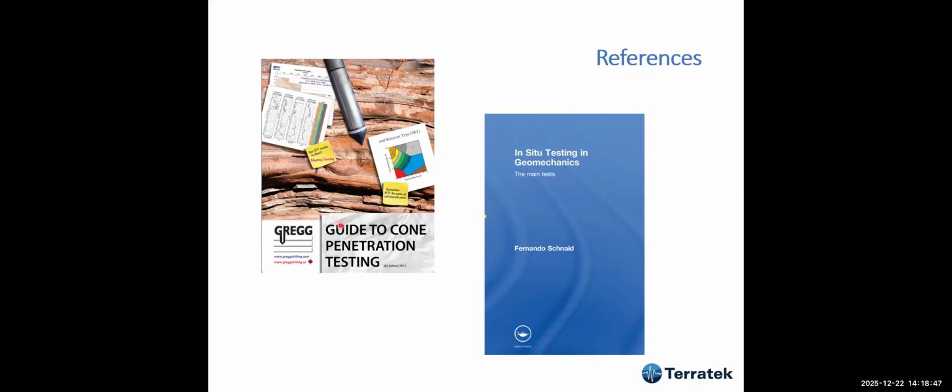He published Guide to Cone Penetration Testing. It's free on the internet. I recommend you get a copy of that. And this is another book by a friend of mine, Fernando Schnaid, from the south of Brazil. He is a specialist in in situ testing and wrote this very interesting book.